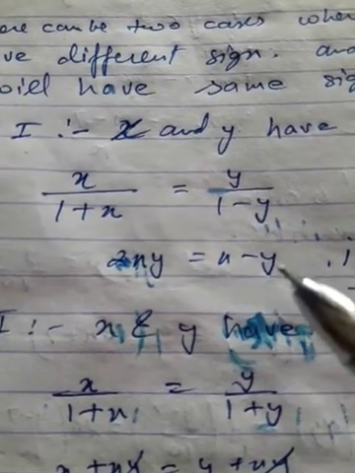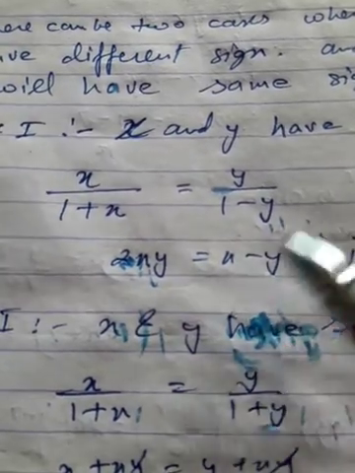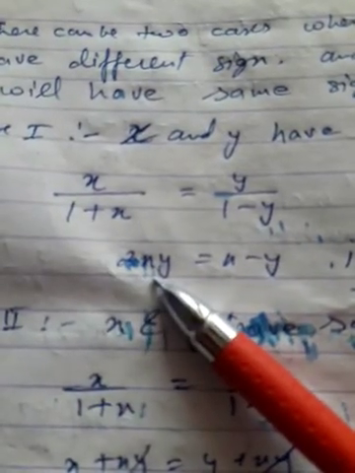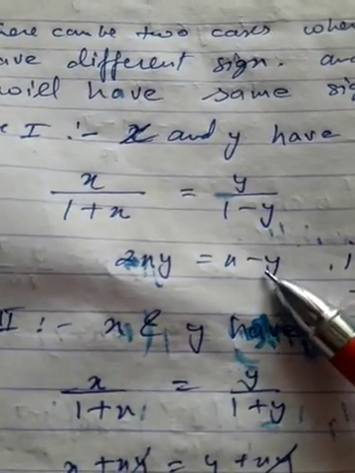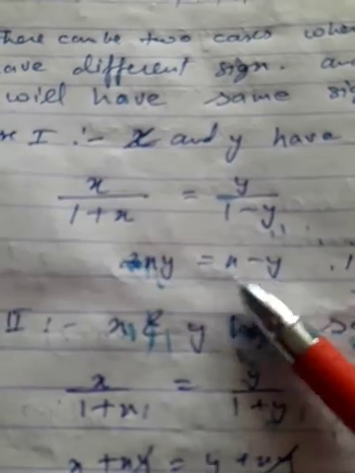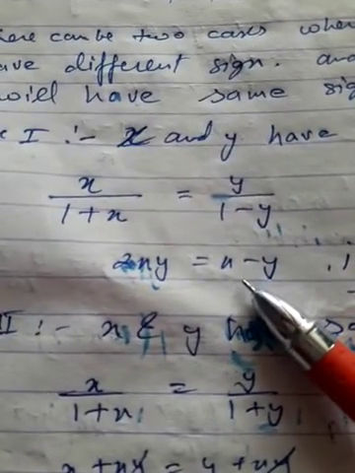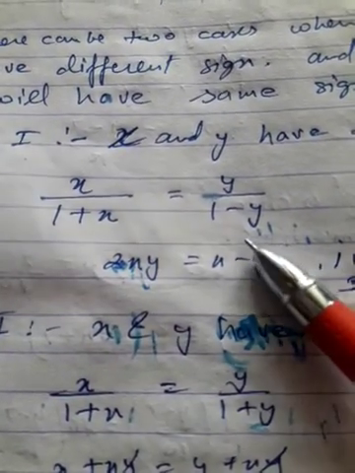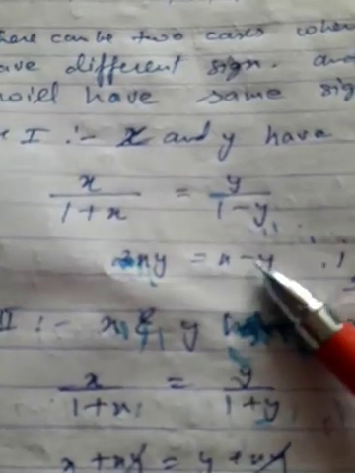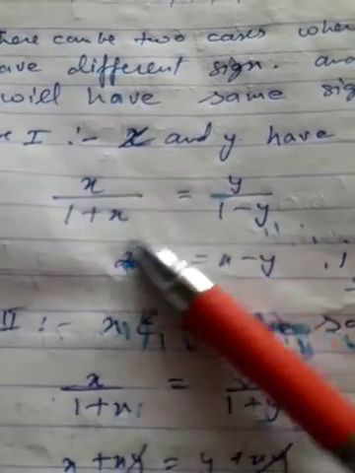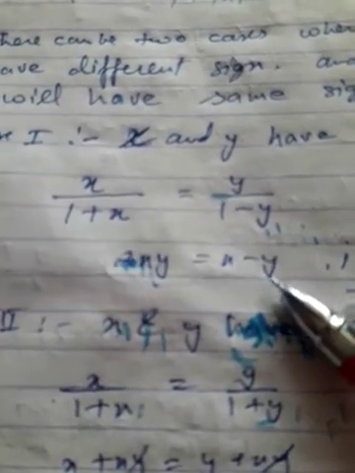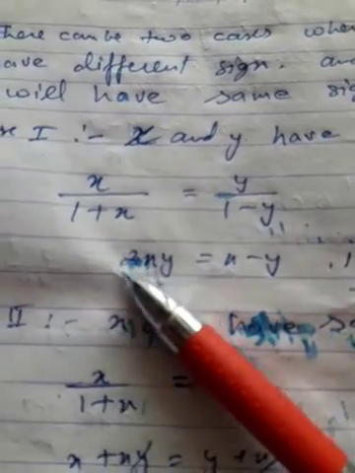Now see, when the signs of x and y are different, then 2xy will always be negative, and x minus y may be positive or negative, but in no case will these values be equal. Hence this is not a possible case.